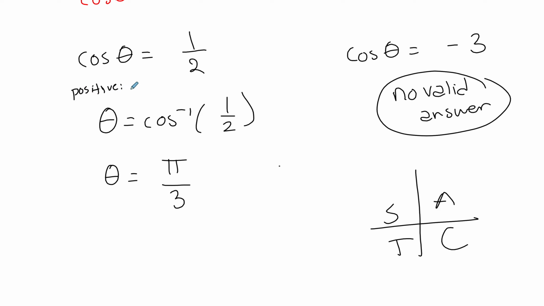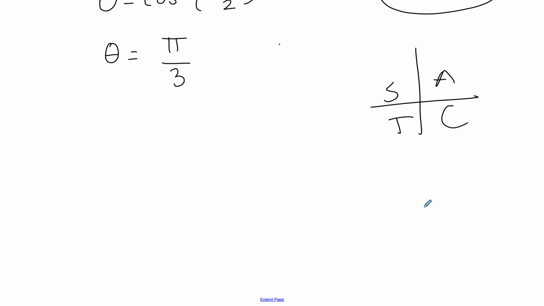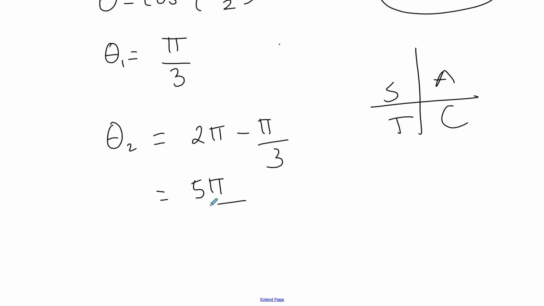Cos theta is positive, it means I'm looking at the first quadrant and I'm looking at the fourth quadrant. So the first and the fourth. And this is my reference angle or the acute angle. It's already in the first, so I have my first. But to get the fourth quadrant, I need to go 2 pi minus pi over 3, and that's going to give me 5 pi over 3.